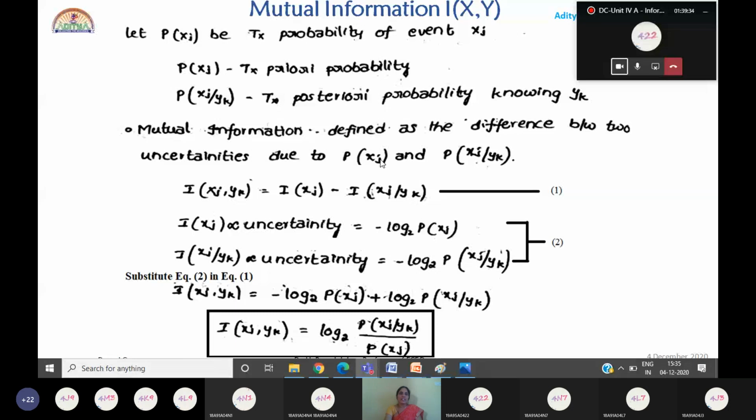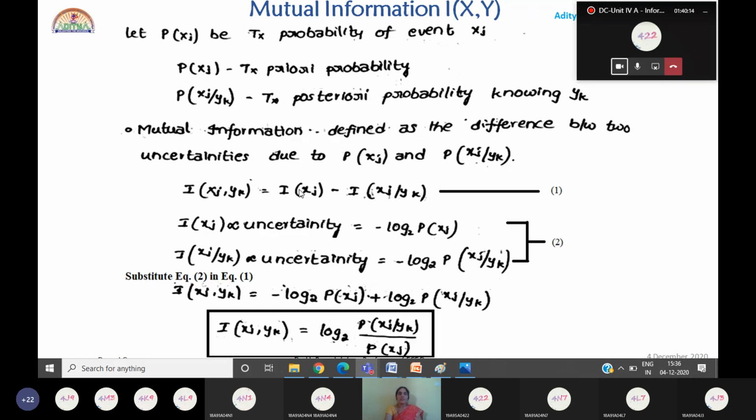Please recollect the point that I stated in module 1. Information is always proportional to the uncertainty and it is equal to log of the corresponding probability base 2. So the difference between the two uncertainties due to P of xj and P of xj by yk: P of xj is the priori probability and P of xj by yk is the transmitter posteriori probability knowing yk.